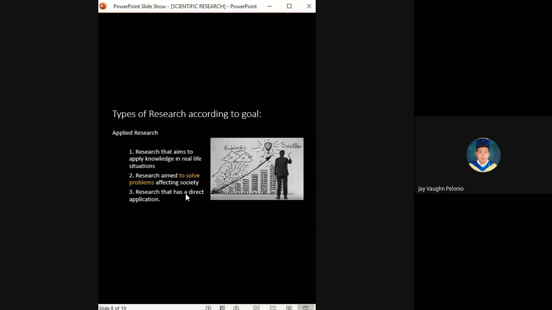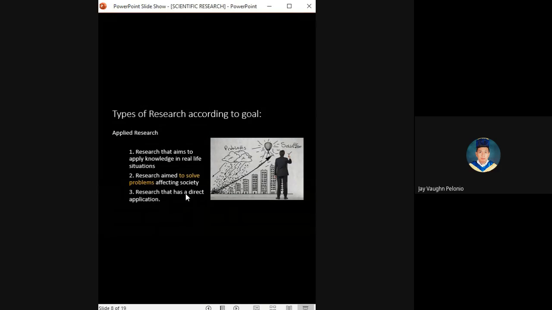So let me repeat the situation. The researcher wanted to know the effect of prolonged computer usage or usage of electronic devices on the academic performance of students.